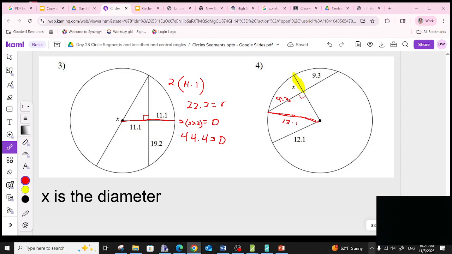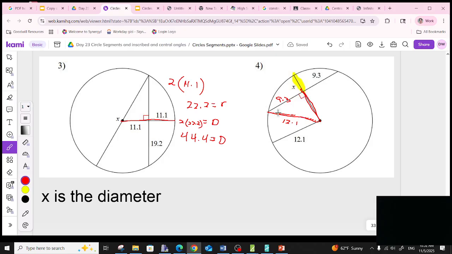So if I draw a new radius, it has to be 12.1, right? Now the problem is it wants this missing piece here. If I find this piece here that's missing and subtract it from 12.1, then I would get x. Does everybody agree with that statement?